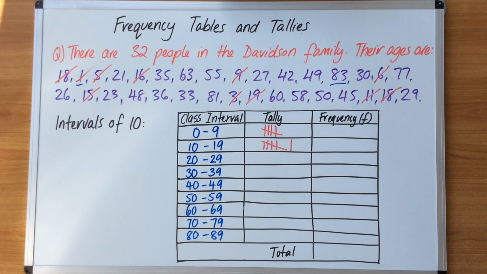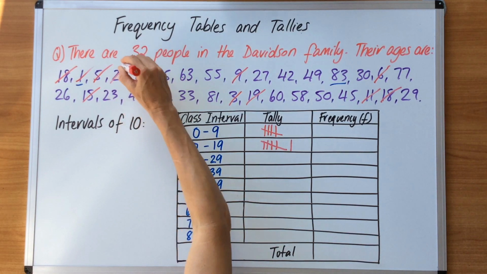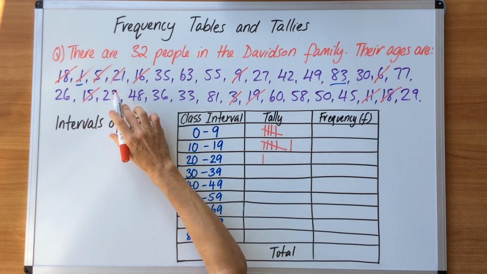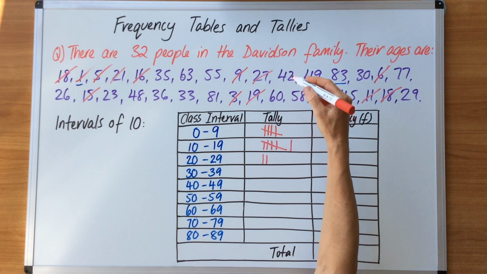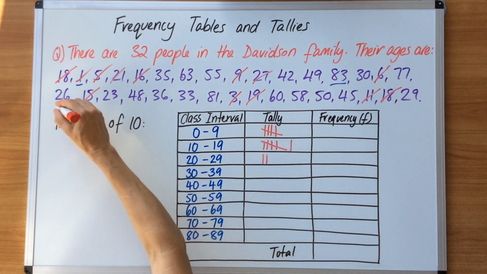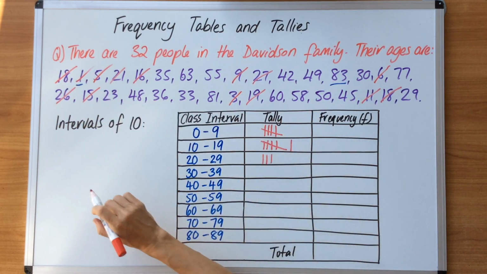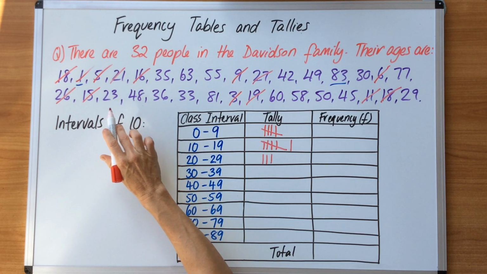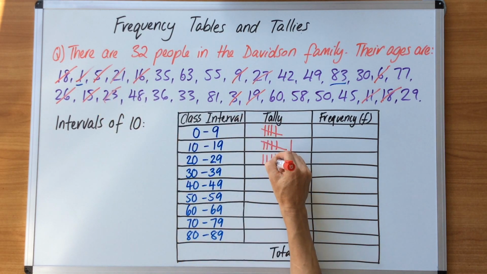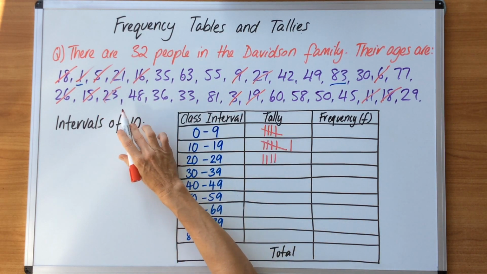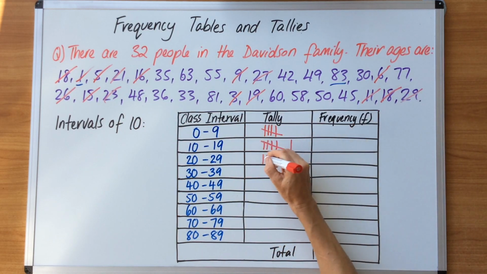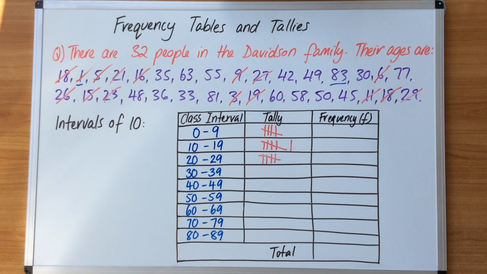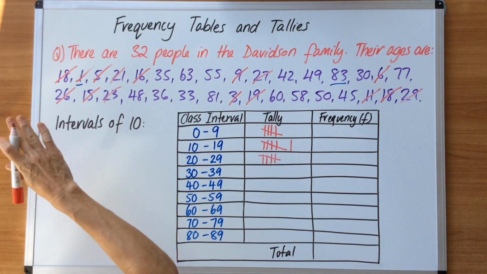The next one is between 20 and 29. 1, 2, 3, 4, 5. The next one, we go and do the same thing.